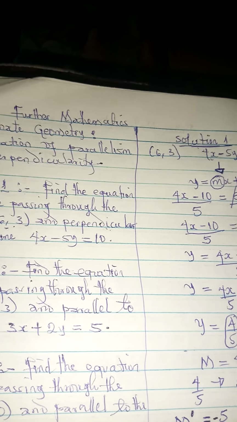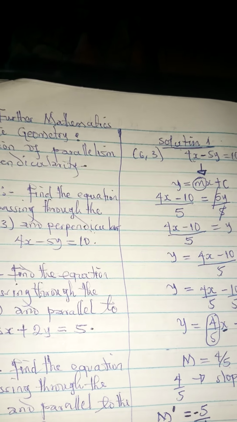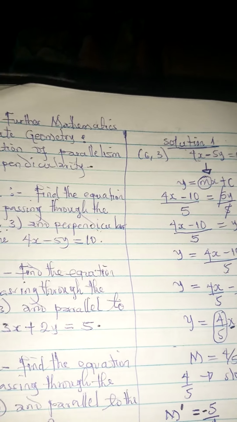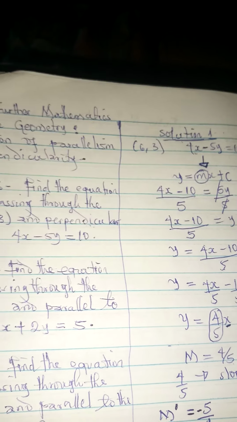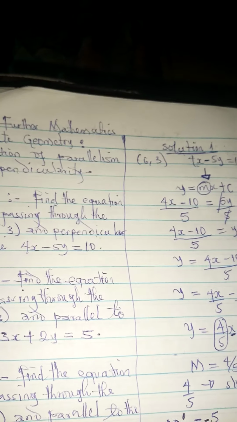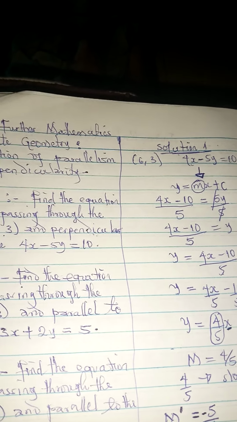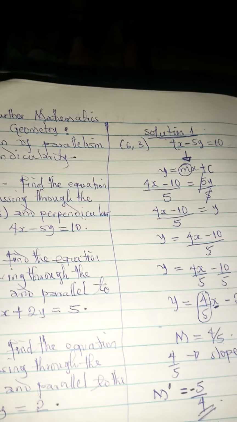And that was the reason why in some textbooks you will see the slope of perpendicularity as minus 1 over m, which is still the same thing as this. So if you remember this formula, you still get the same thing.